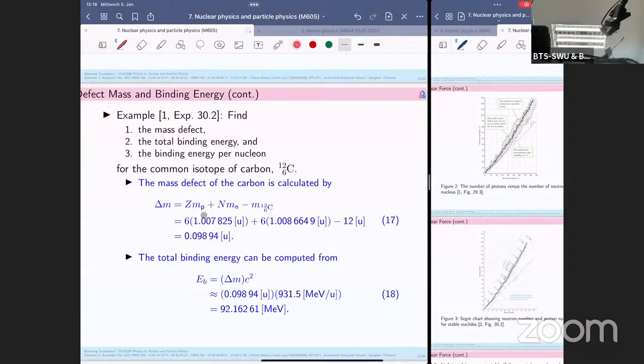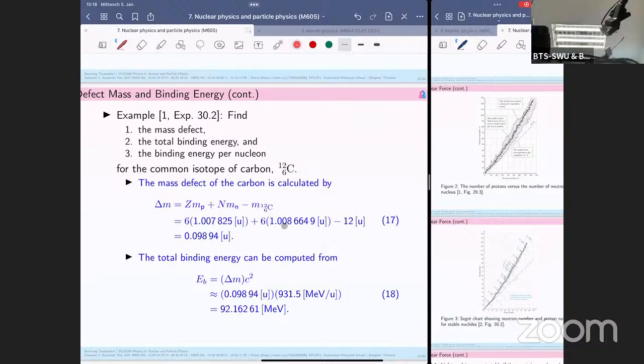And here we have the number of neutrons. You have to multiply by the mass of neutron, and you subtract the mass of carbon-12. For example, this one is 1.007825. 6 times 1.008649, where atomic mass unit is denoted by the letter U, right?